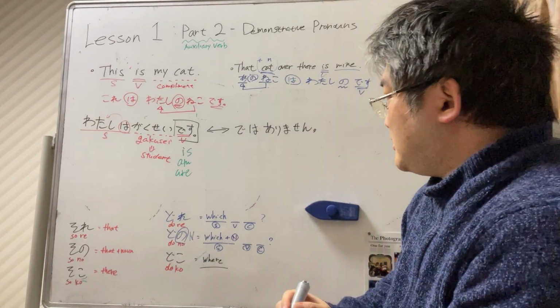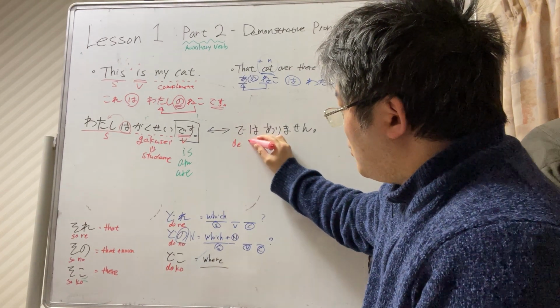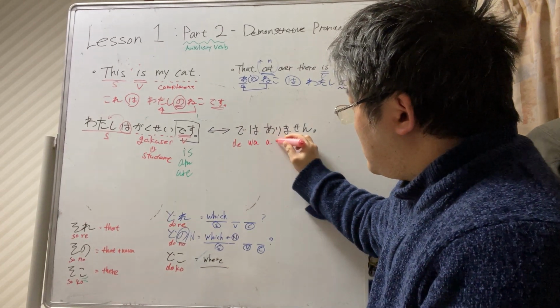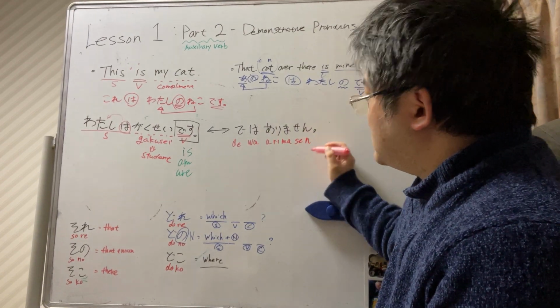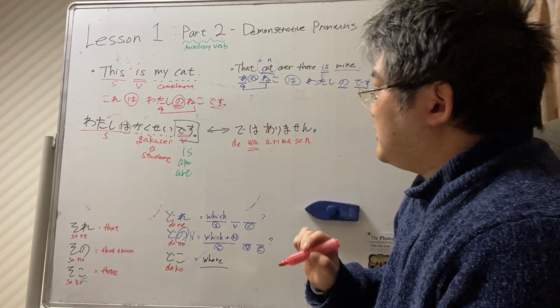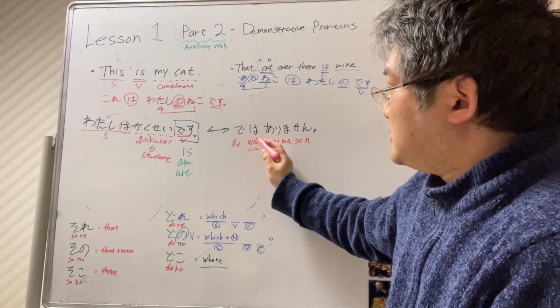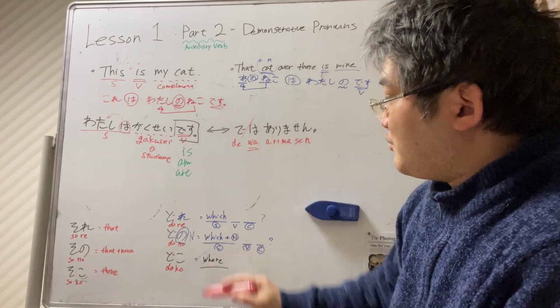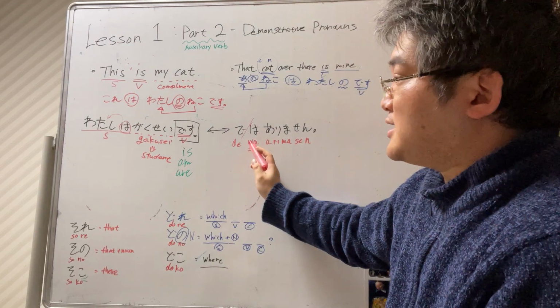Here the pronunciation is de wa arimasen, and this is pronounced as wa because it's a particle, and up to here is a topic, which we are treating as a topic.